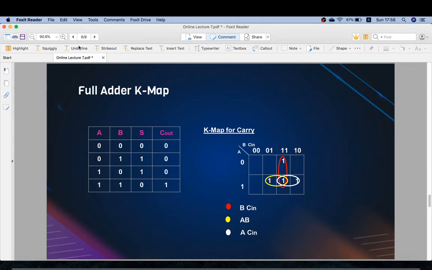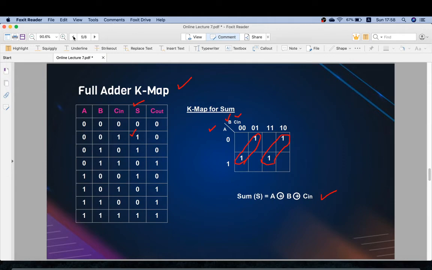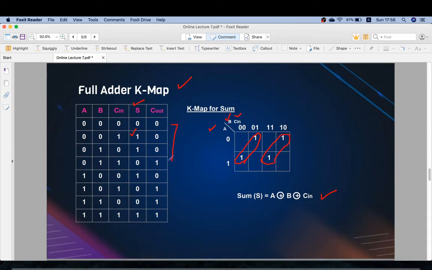First of all, we will take this K map for our design. 0 0 1. The first four is this, and the second four is this. So what are the second four numbers? That are 0 1 1 1. So we will see these from here, and the remaining we write there.